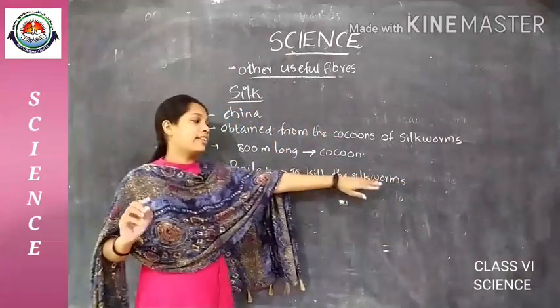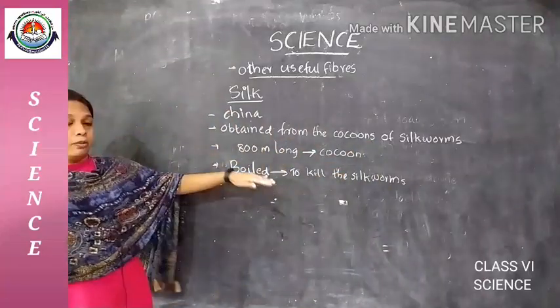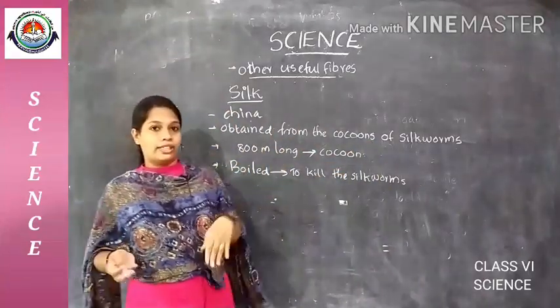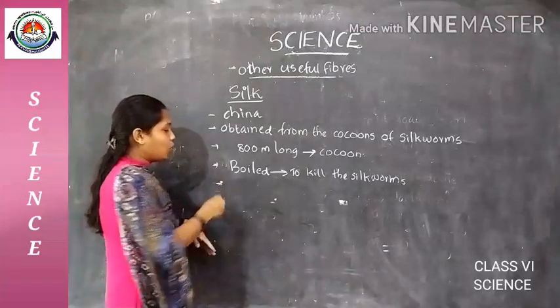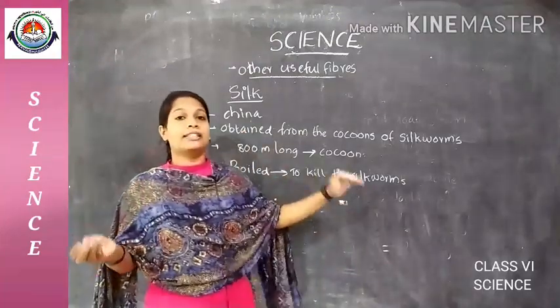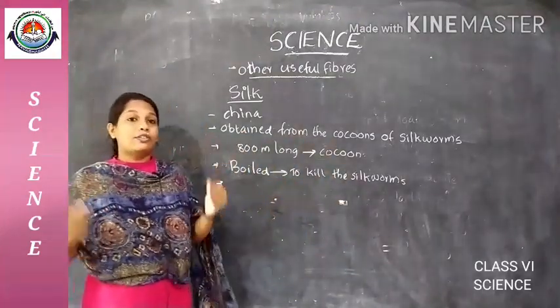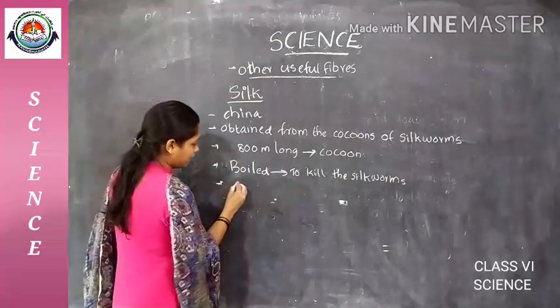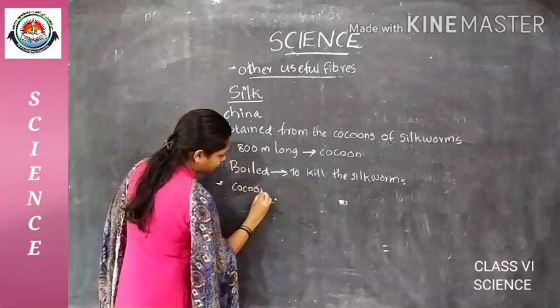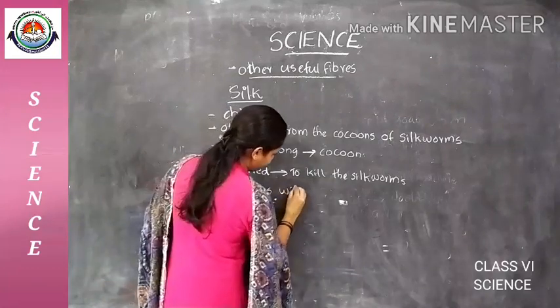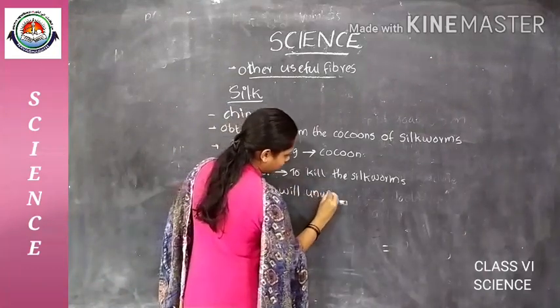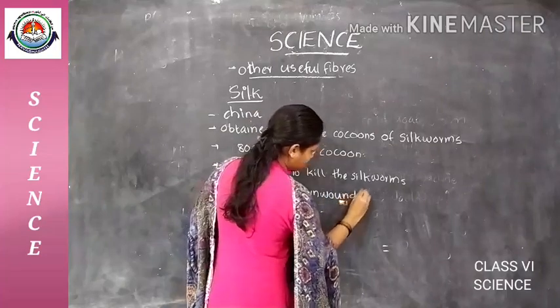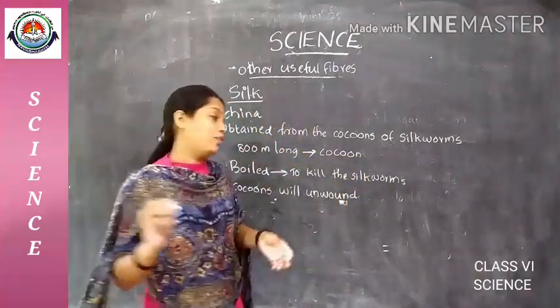So silkworms are killed by putting them in boiled water. Then the collected cocoons will get unwound to produce the silk fiber.